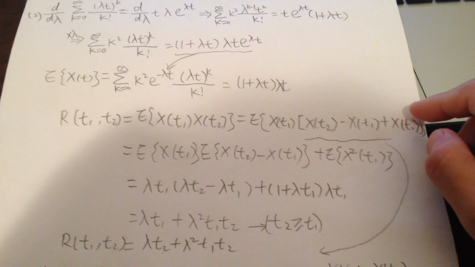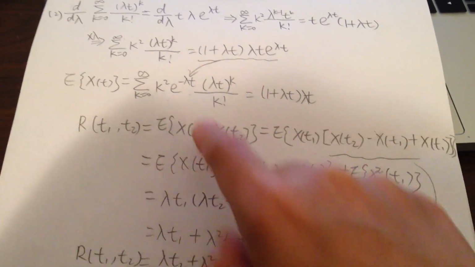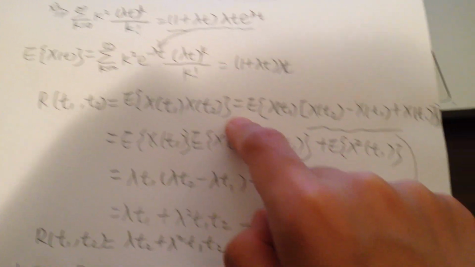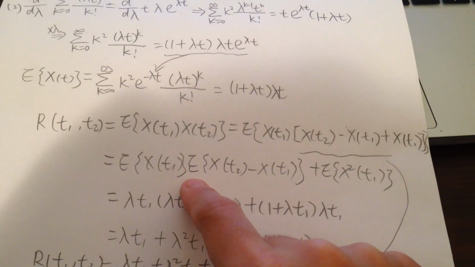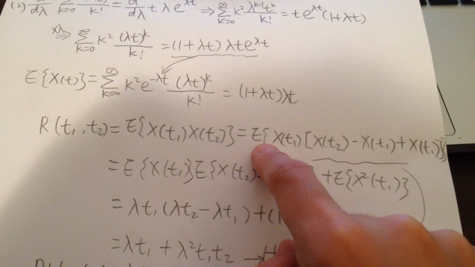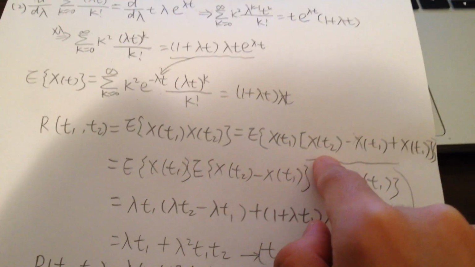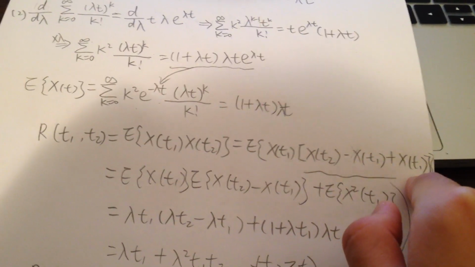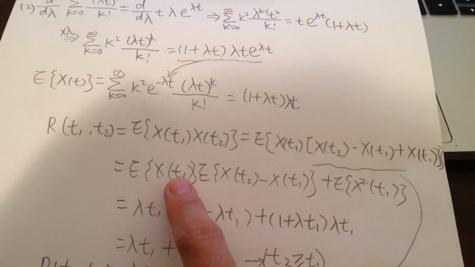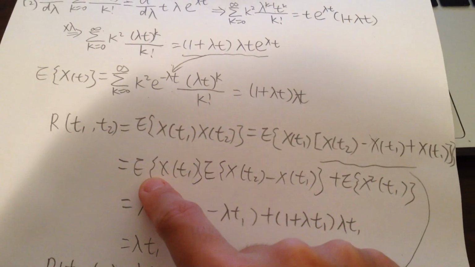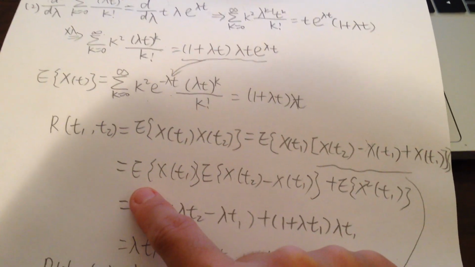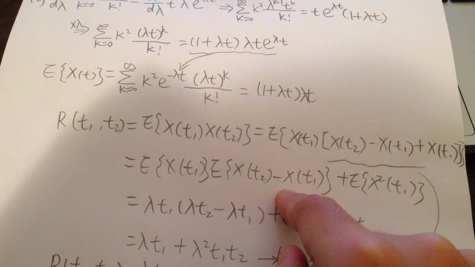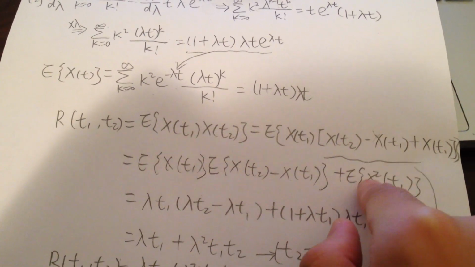So far we can solve R(t1, t2). That equals the expectation of X(t1) times X(t2), which equals the expectation of X(t1) times (X(t2) minus X(t1) plus X(t1)).